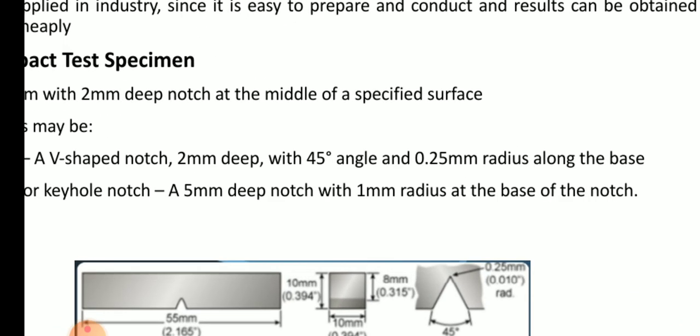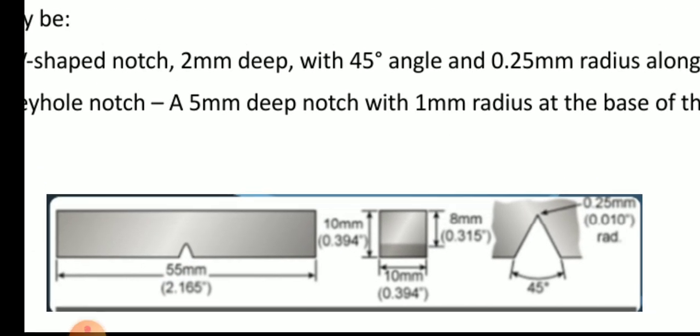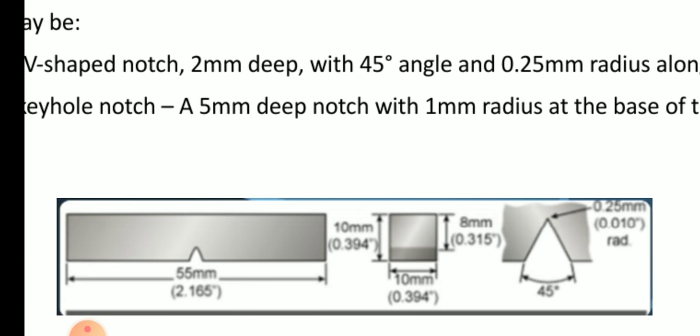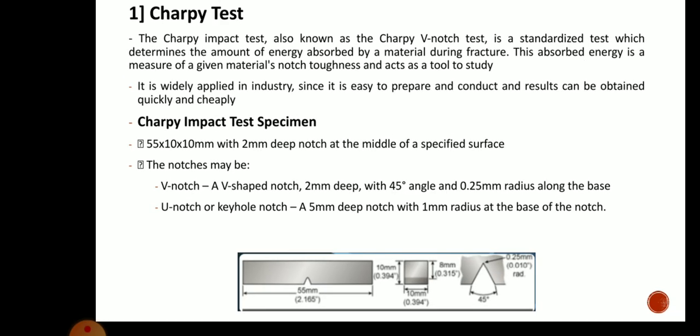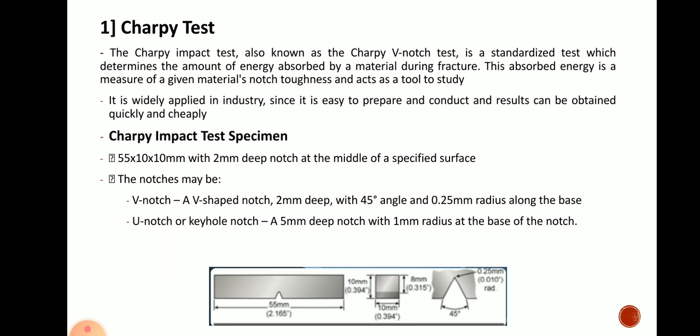In that diagram you can also observe the length 55 mm, cross sectional area 10 mm by 10 mm, and the notch exactly at the center with the 45-degree angle, and the radius at the base of that notch is 0.25 mm. That radius we have taken for the V notch.